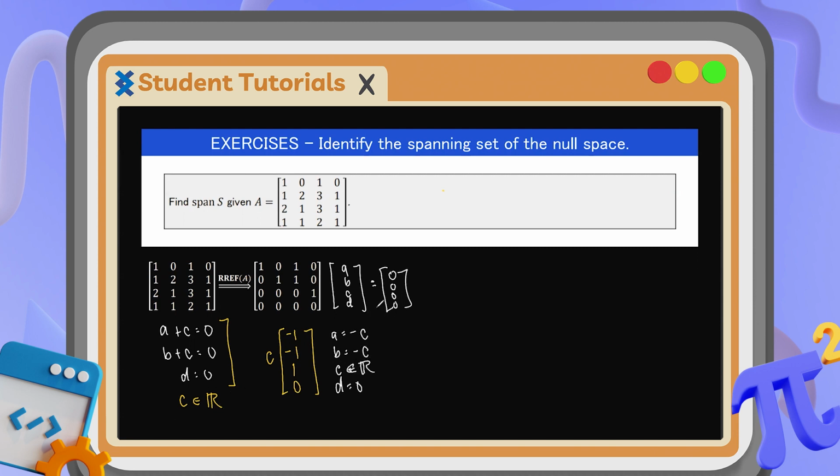That shows us the constants that we got from this vector, and this will become our spanning set. So our spanning set will be -1, -1, 1, and 0.